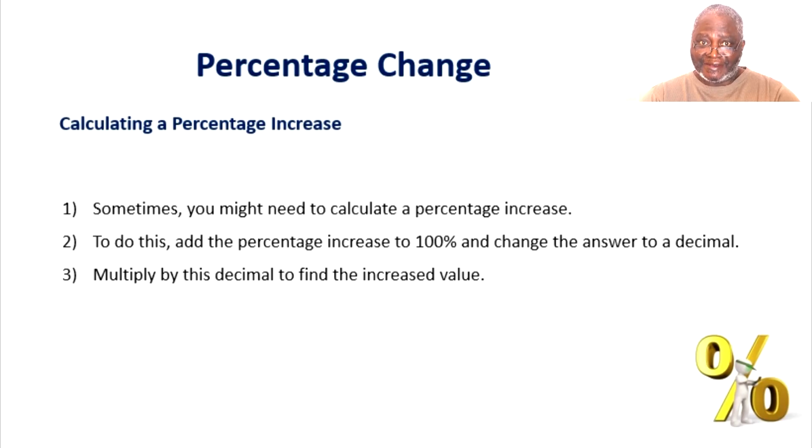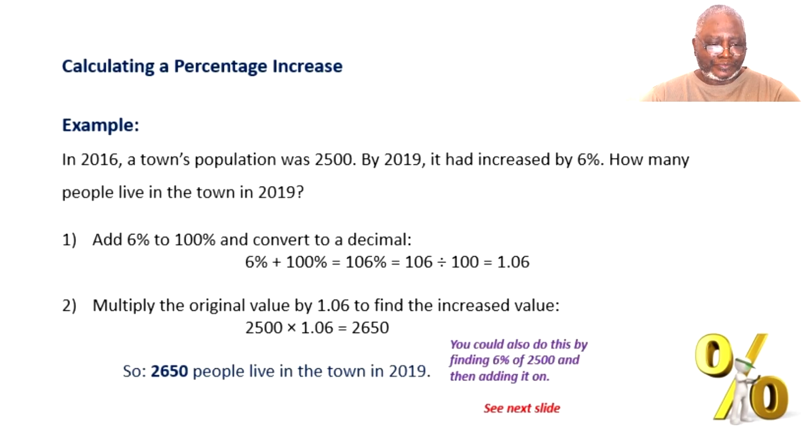Decimal again. Example. In 2016, a town's population was 2,500. By 2019, it has increased by 6%. How many people live in the town in 2019? Method A. Add 6% to 100% and convert to a decimal.